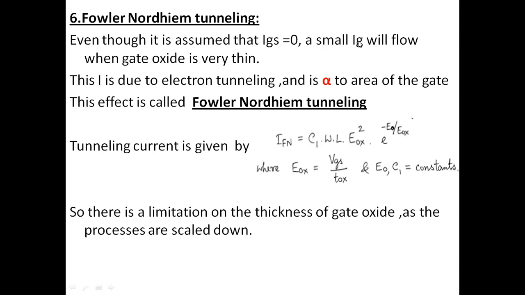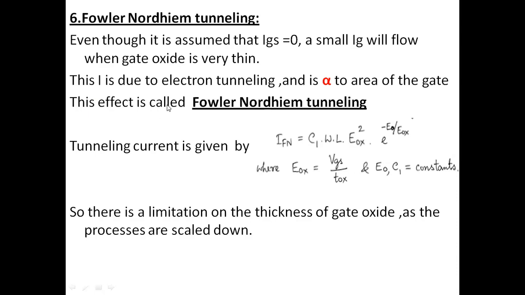A small gate current will be able to flow even though the gate oxide layer is very thin. This current is due to electron tunneling, and it is proportional to the area of the gate. Suppose the area of the gate is larger, then this tunneling current will also be large.